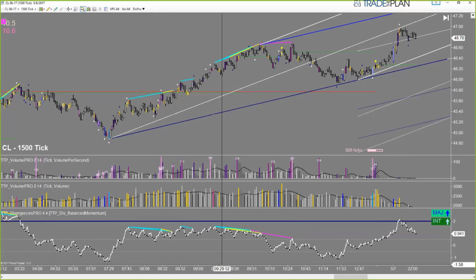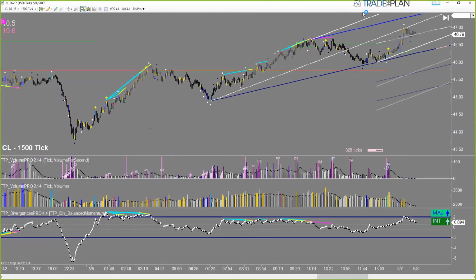All right, so anyhow, at this high, we now have 5 waves up. Maybe not yet, maybe a little bit higher. I'm not trying to argue or anything.